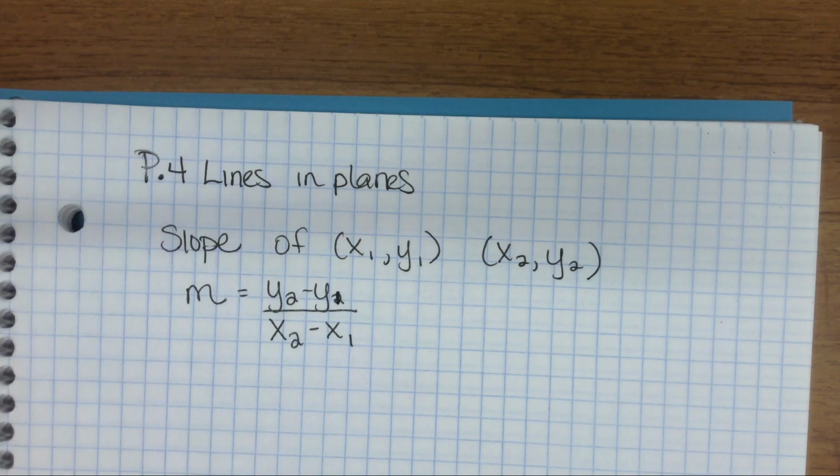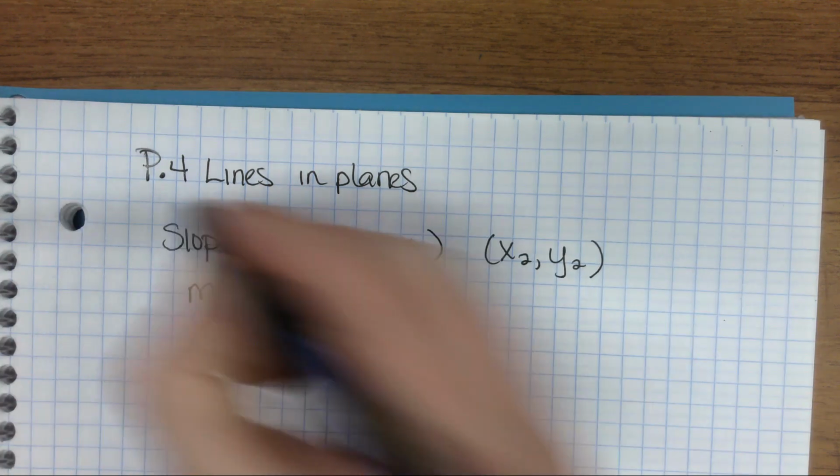I think what I'm going to do is I'll just give you a couple formulas and then I'll do one. So that's the slope of a line. That's the slope between 2 points.